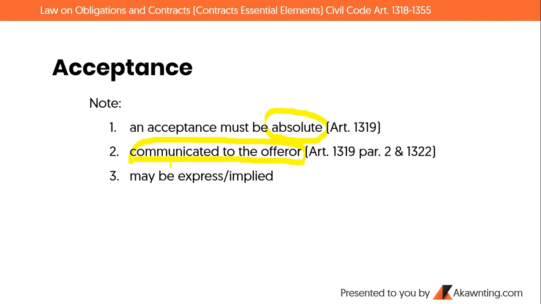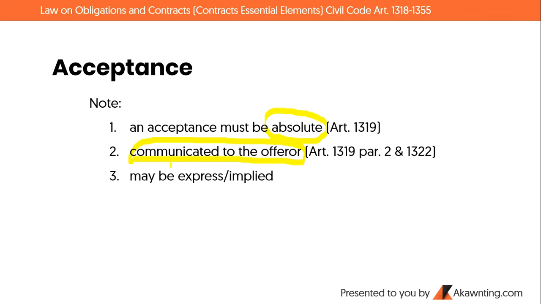Pero normally kasi kapag nag-uusap kayo, harap-harapan, automatic na kapag sinabi mo, uy, ibenta ko na sa'yo yung lupa ko. Ah, sige, magkano? Sabi niya 1 million. Ah, sige. Saan yan naka-locate?